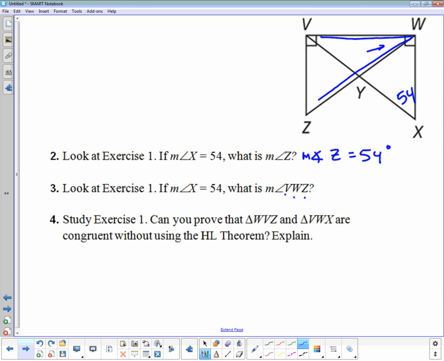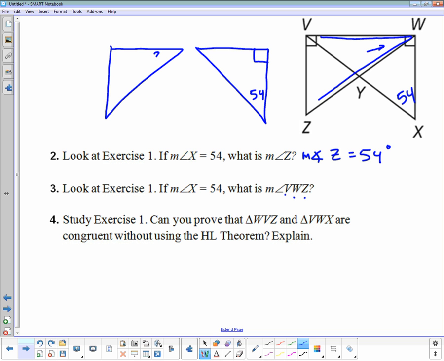Separate the pictures and look at them one at a time. So let's see if we can try and figure this thing out.